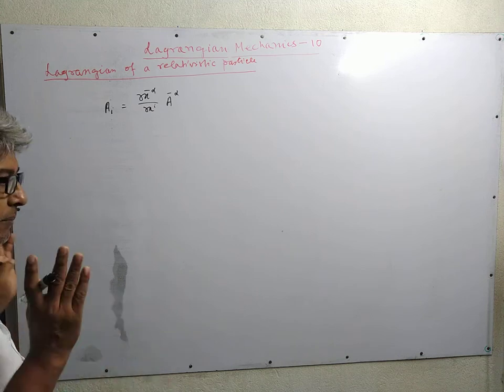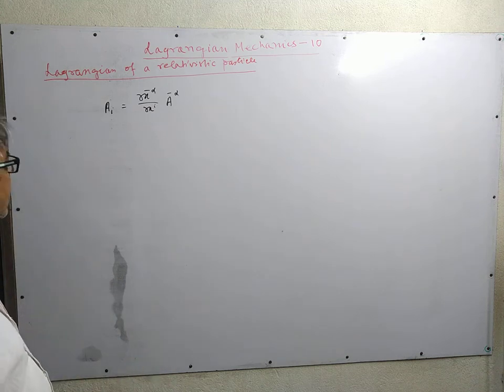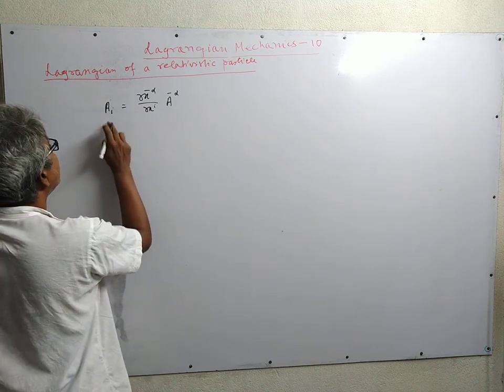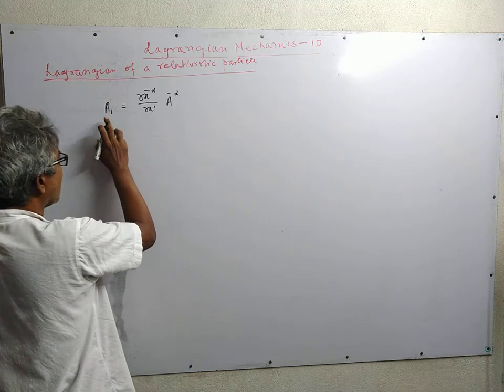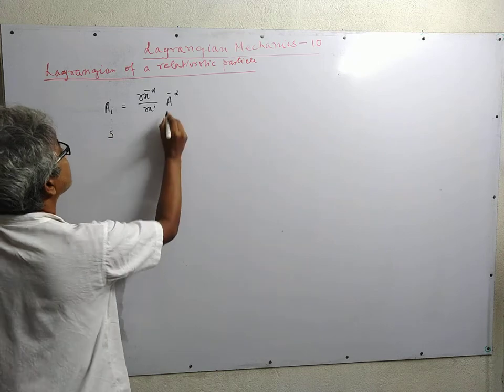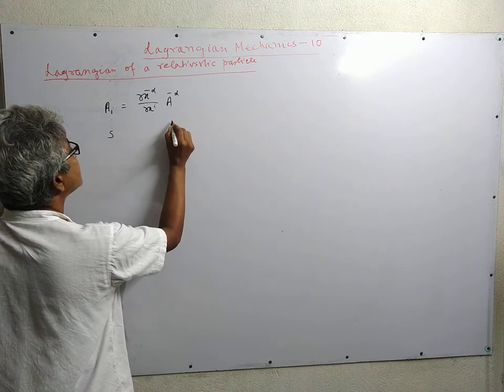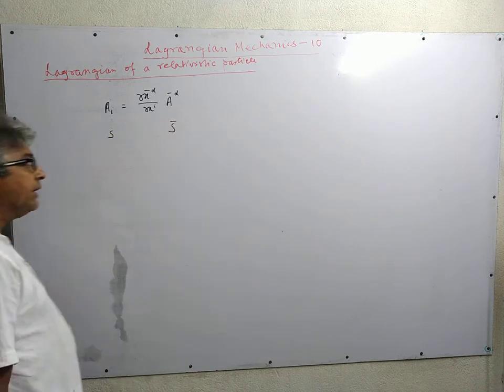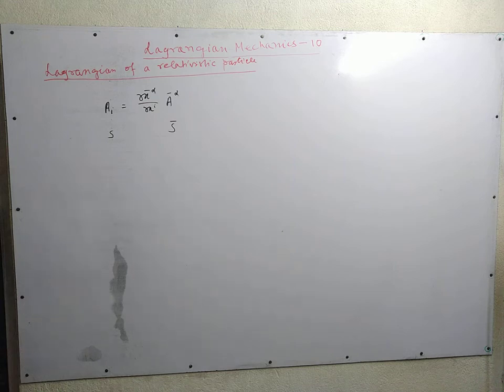The A represents the same physical quantity. It represents the components of the quantity A as seen in S prime, and Ā are the components of the same quantity when viewed in S bar prime.